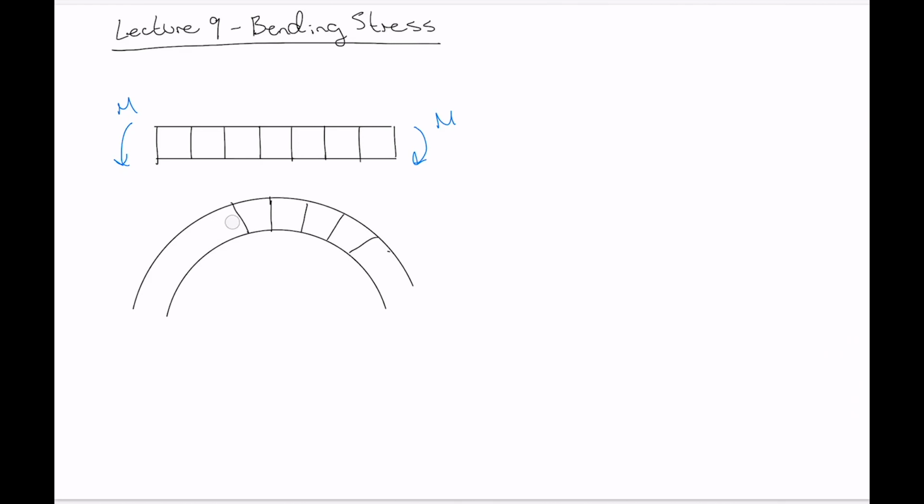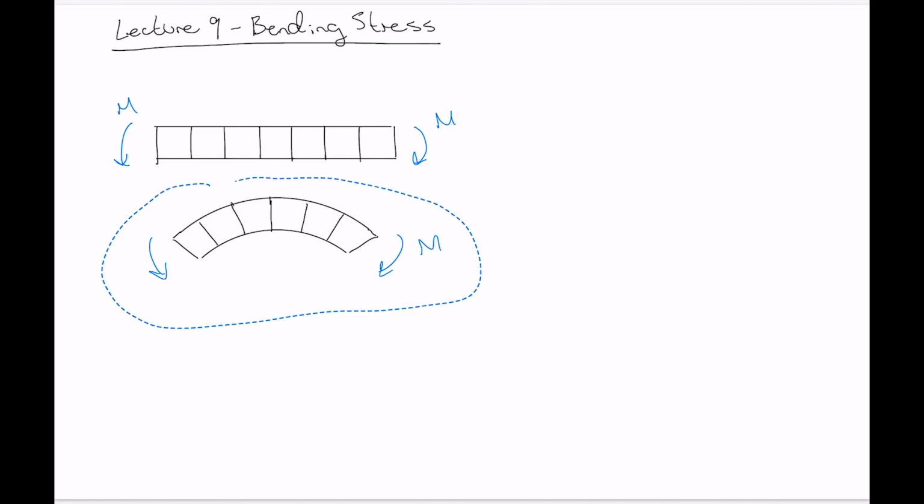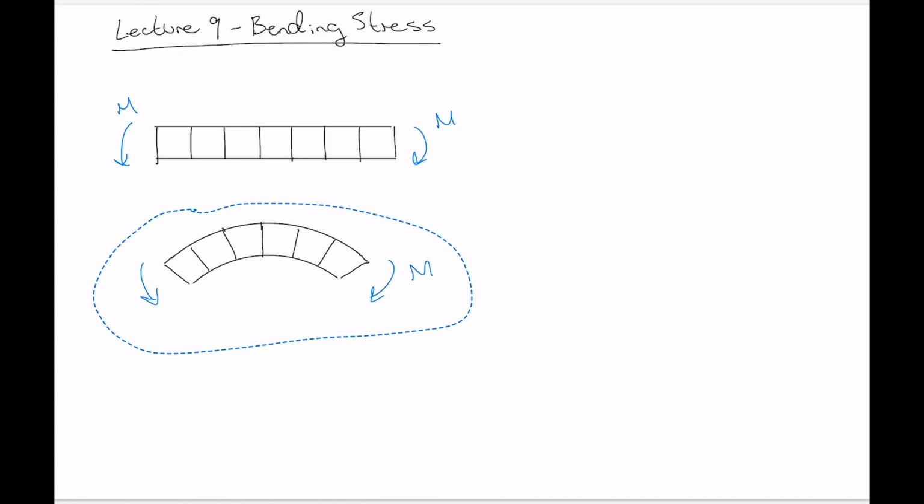This isn't a very good one over here. Redraw that one. Right, there we go. So let's trim off our excess here again. Right, we'll just tidy up those edges. Right, so there's our deformed beam under the applied moment M. Okay, I'm just going to shift this over a little bit. There we go.